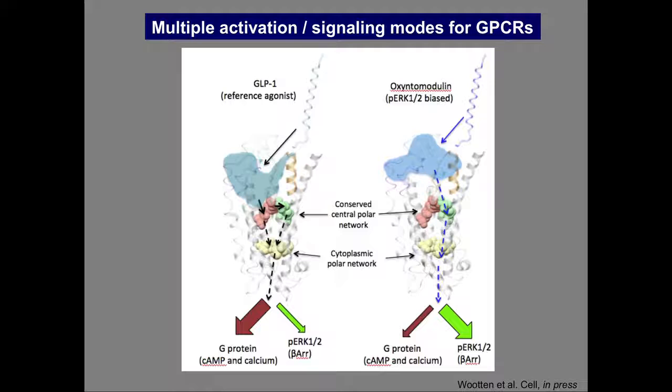And oxyntomodulin, a ligand that is biased more towards the ERK pathway rather than to the G protein pathway, this second ligand binds slightly different. And the signal that comes from the binding is transmitted through this receptor molecule along different paths that are depicted here with these dotted lines.